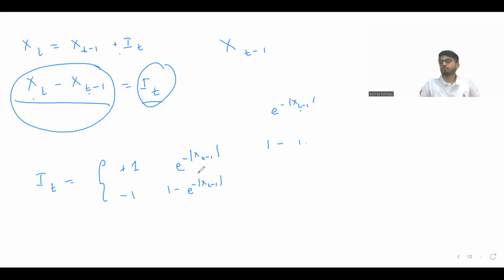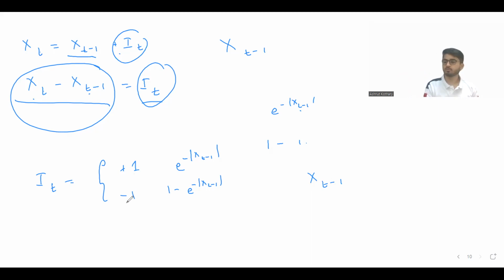Now for Markov, what did we say? If I know Xt, I should be able to determine Xt+1. In this case, if I know everything about Xt-1 and using that I can determine Xt, then my process should be Markov. Yes, so now here, if I know Xt-1, I know what value It takes.